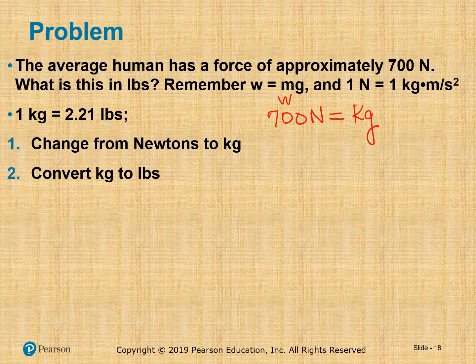And then we know that G is 9.8 meters per second squared. All right, so rearrange your equation to solve for kilograms. It's going to be 700 divided by 9.8, and you should end up with 71.4 kilograms.